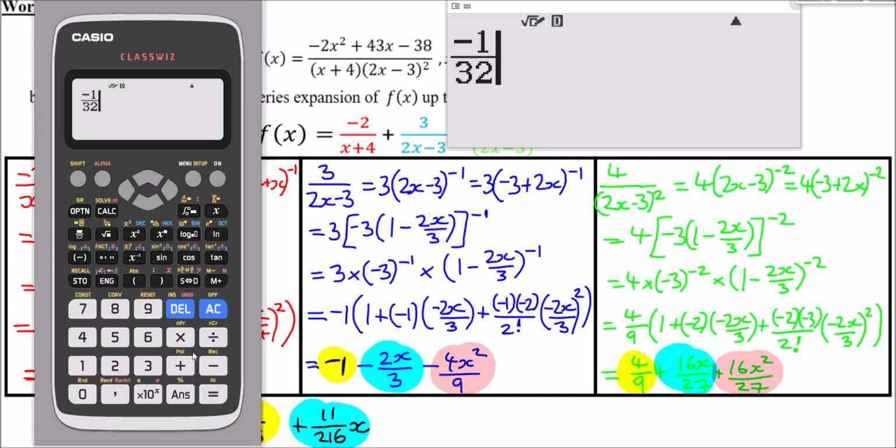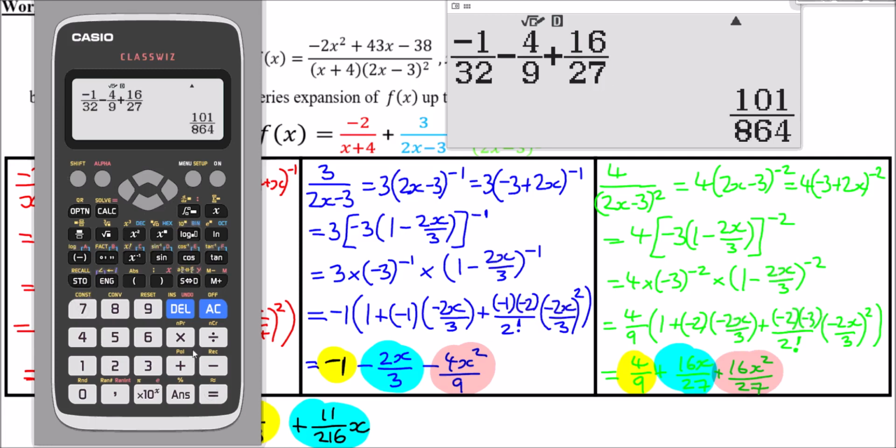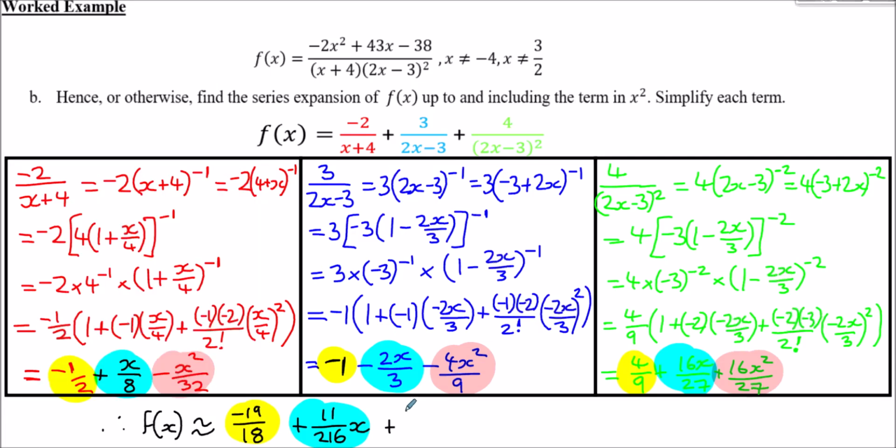Then minus another 4 over 9. And plus 16 over 27. That gives us 101 over 864. So the final one is plus 101 over 864 lots of x squared.